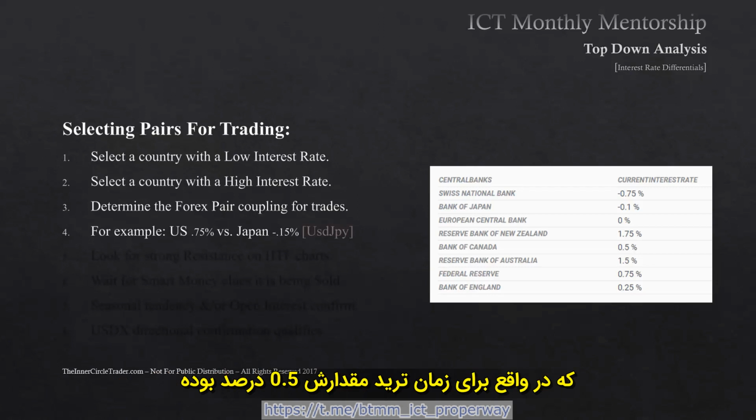So I had to adjust it and show you for your notes. Versus the Japanese economy, and their central bank rate was negative. And the two respective countries and their currencies would be paired up in the form of dollar-yen.